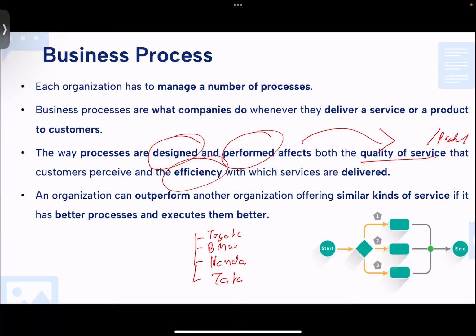Likewise, we can identify different organizations that provide the same kind of service or product. How an organization can outperform others providing similar products is the way they perform their processes and how they execute them better. So they have to design their processes well and execute them better. That's how they can outperform their competitors.